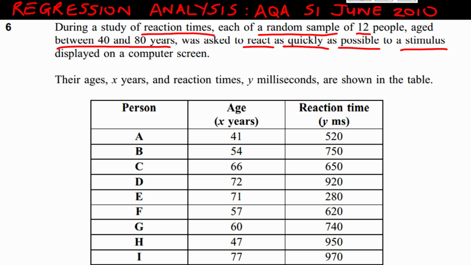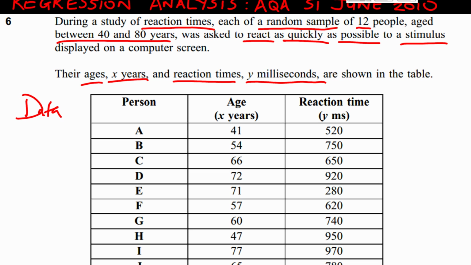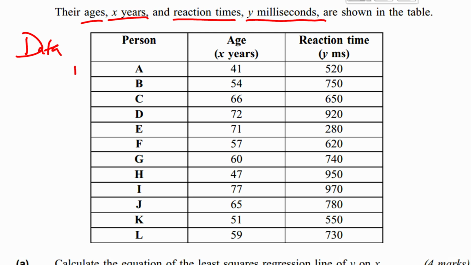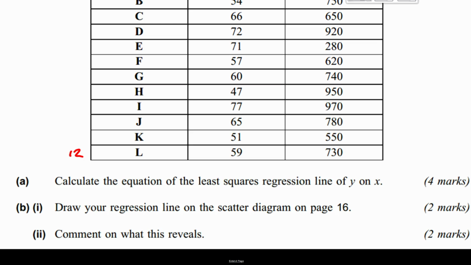Their age X in years and reaction times Y in milliseconds are shown in the table. So here's our data. We should have 12 people: 1, 2, 3, 4, 5, 6, 7, 8, 9, 10, 11, 12. The first person is 41 years old, and the reaction time was 520 milliseconds. Let's see what the question asks us to do.